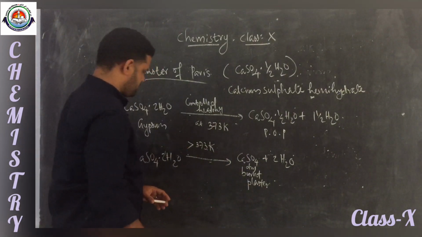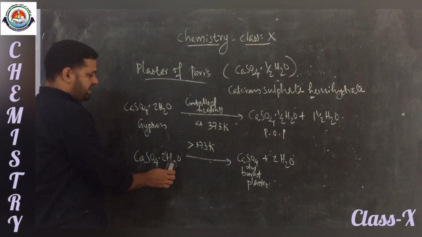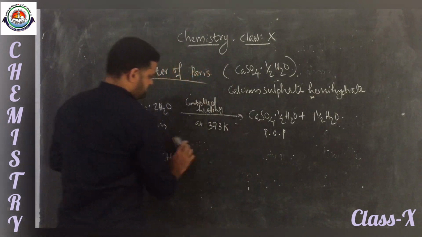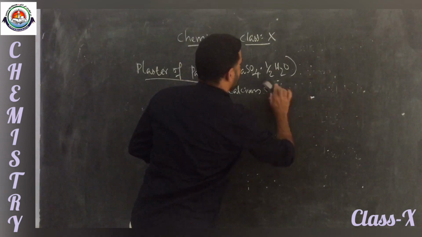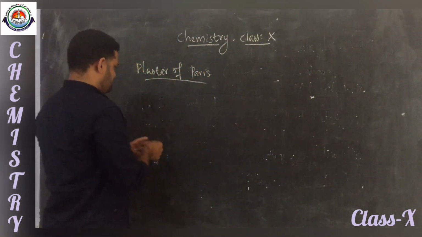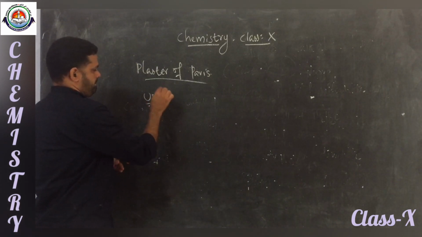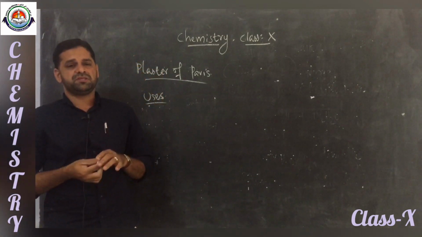Now, this is about plaster of Paris, and we know the uses of plaster of Paris. What are the most common uses of plaster of Paris? You know, where we are using this plaster of Paris.